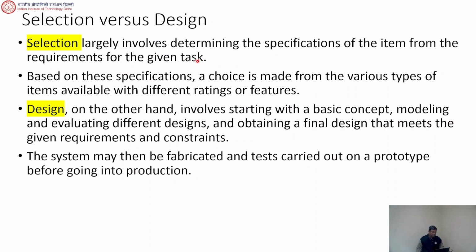So you prepare a data sheet which tells you this much flow rate, this much pressure, this much temperature, whatever. Now design, on the other hand, starts with the basic concepts and modeling, evaluating different designs like that previous flow chart that we saw. That's a more typical design thing. Okay.